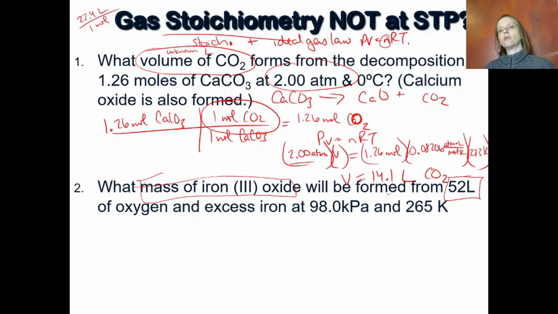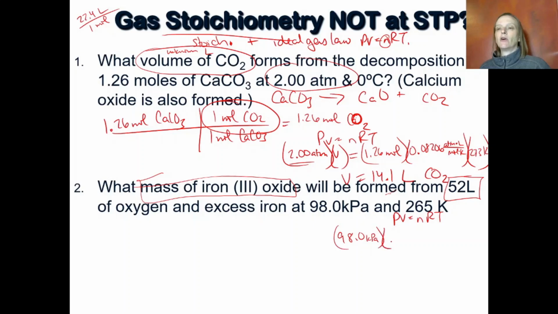So if we start with 52 liters of oxygen, but we're not at standard temperature and pressure, I have to use the ideal gas law first to calculate the number of moles that I can then use in a stoichiometry problem. So if I do PV equals nRT, this time I'm solving for n. I know my pressure is 98.0 kilopascals.